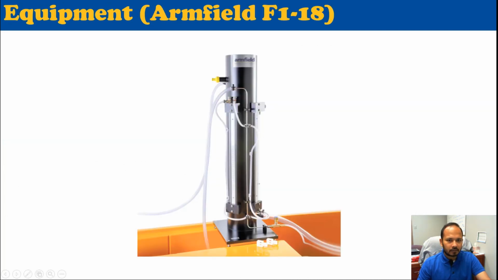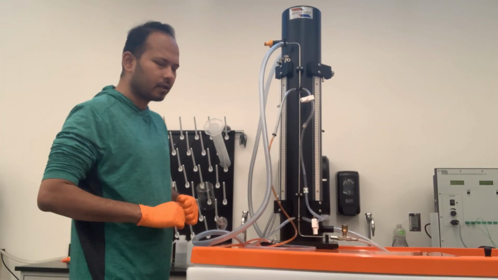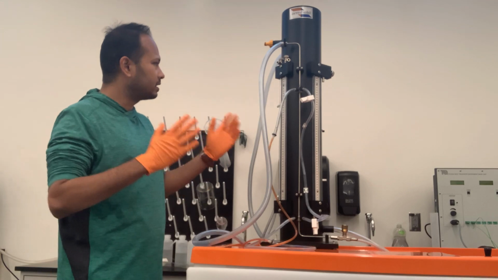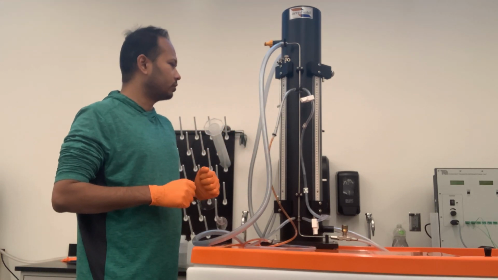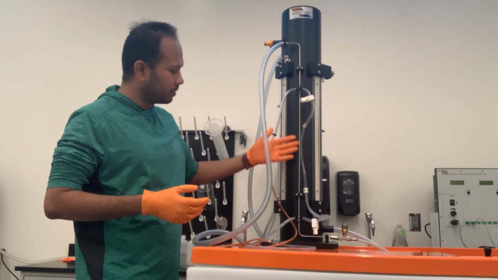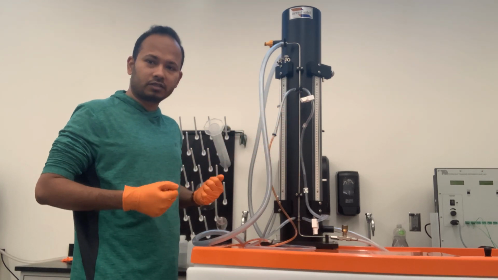So let's see. Okay, before we start our test, let us introduce ourselves with our setup. This is the setup for measuring the major head loss in pipes, which is also the head loss due to friction.